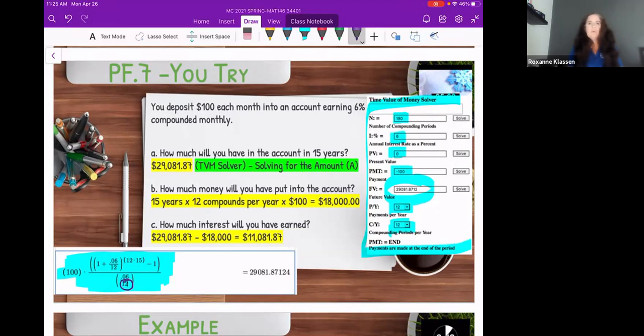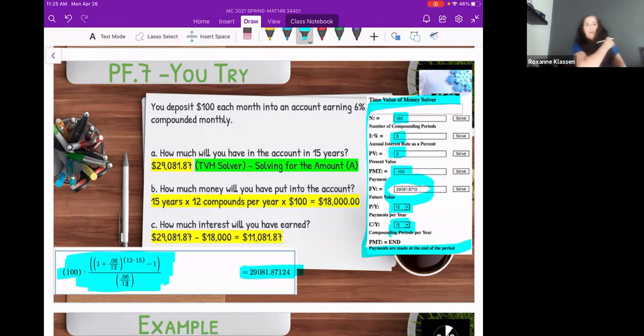I don't know why, but sometimes I forget to change that one. Okay, notice either way, we get the same answer. We still get $29,081.87.